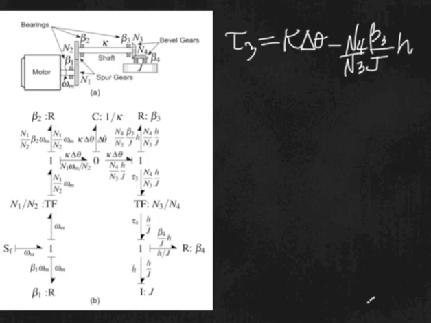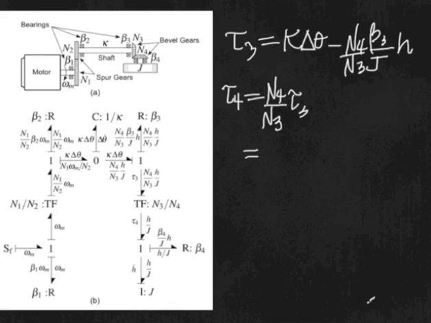We can then use the gear ratio to find torque 4. Torque 4 is equal to n4 divided by n3 times torque 3.